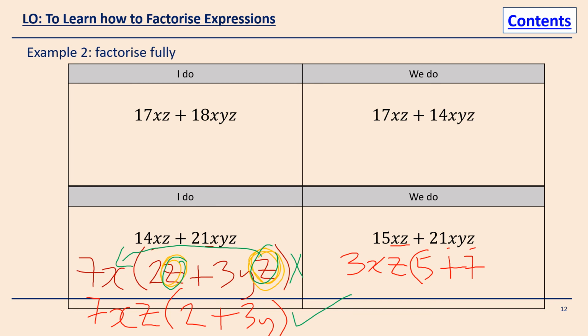We've got x, we've got z, all we need to do is add the y. So put the y in, so 5 plus 7y in the bracket, 3xz is in both of them because 3xz is in both.